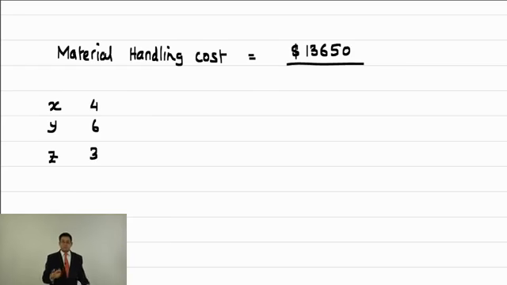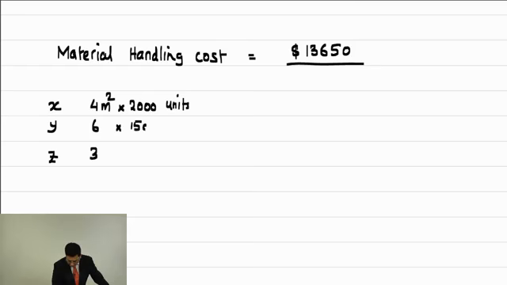These are square meters: 4 square meters for 1x, 6 square meters for 1y and 3 square meters for 1z. And there are 2,000 units of x in a year, 1,500 units of y in a year and 800 units for z in a year.